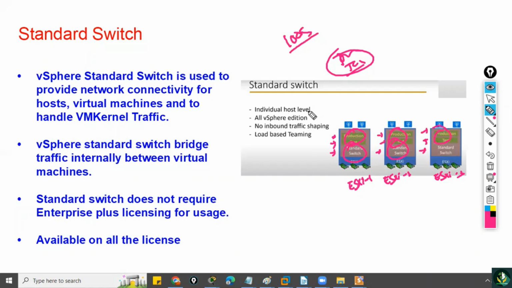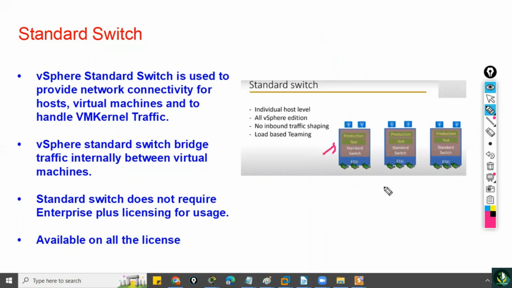You may need to do other configuration like security configuration and network configuration. These ESXi hosts belong to the same environment, so they will require the same configuration. Most of the time they require the same configuration, so you will have to access each and every switch individually and configure it. This is the drawback, you can say.